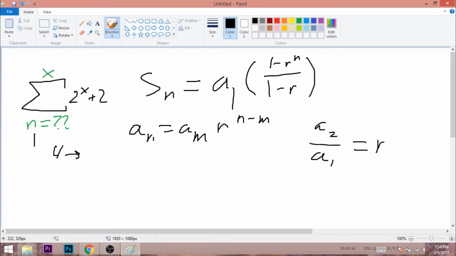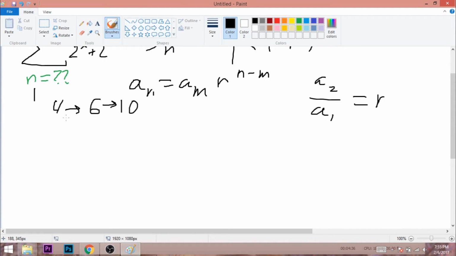And the second term, if this was 2, put into here, is going to be 6, which seems like it's following the pattern so far, right? But then when you get onto 3, for example, you'd get 10, right? Which doesn't follow the rules.